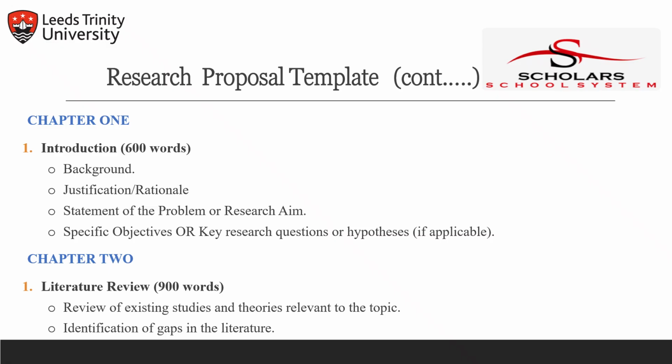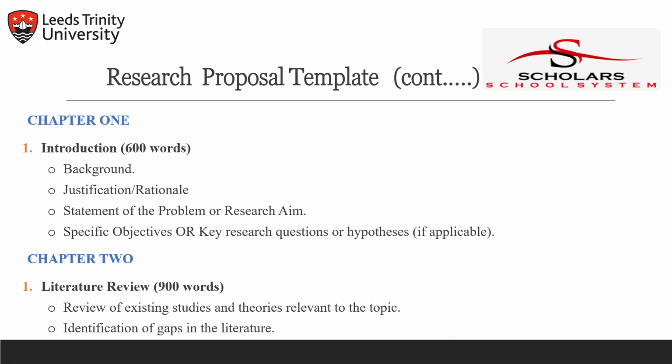In chapter 2, they need to write the literature review, nearly 900 words or equivalent. Students have to go through, understand and review different types of existing studies from different systematic literature reviews, and they also have to go through the different types of theories about their topic from the literature review.